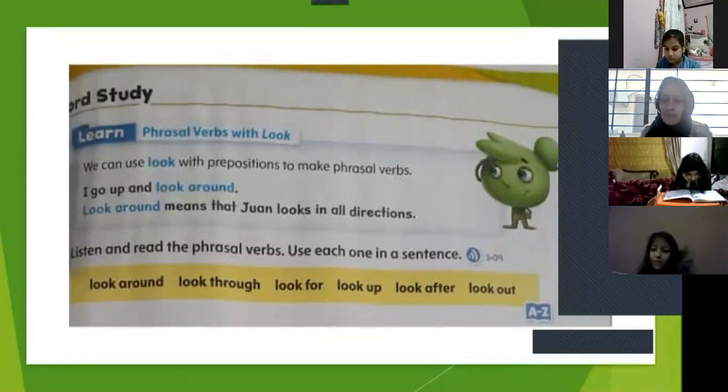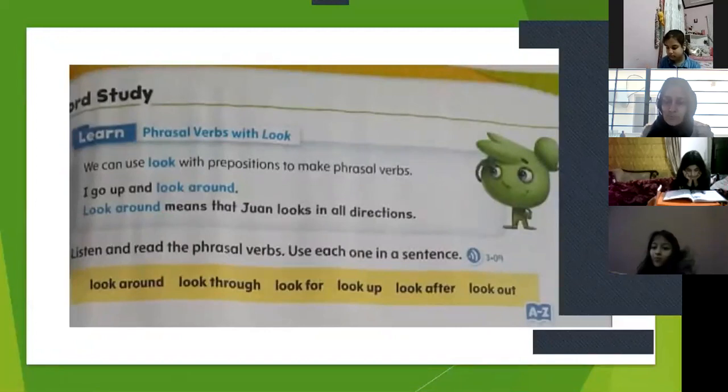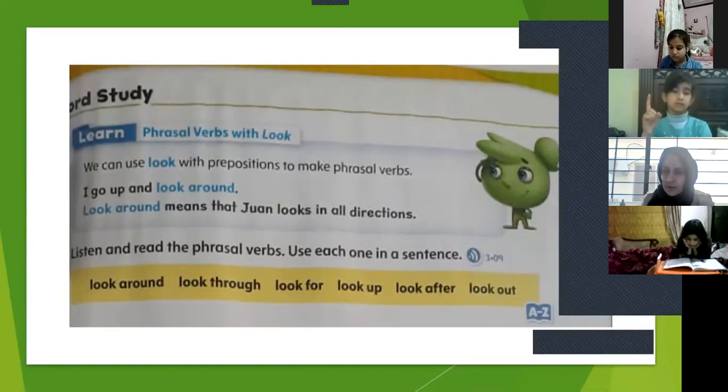You open up the book and there is a test after 10 minutes and you look through it, like you read it very quickly just to go through it, okay? Look for means to try to find someone or something. For example, something is lost in your room and you are looking for it, right?